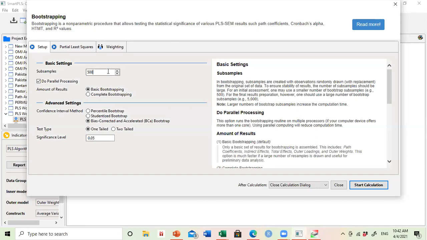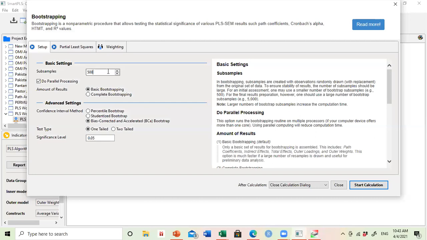If you have a moderator, one tail. But if you are testing a mediation hypothesis, it must be two tail. Okay, remember: direct relationship, one tail or two tail. Mediation, two tail. Moderation, one tail. That is how you do it.